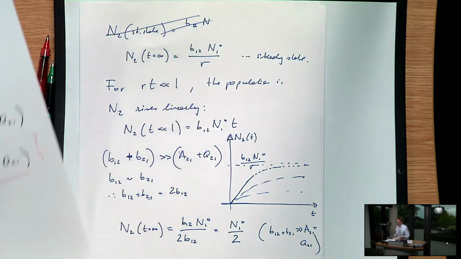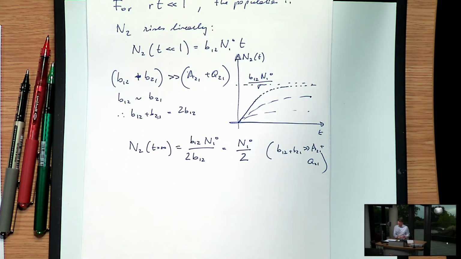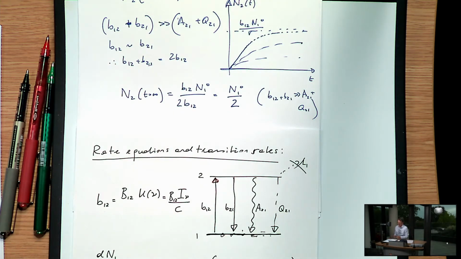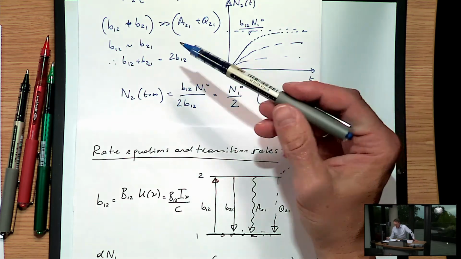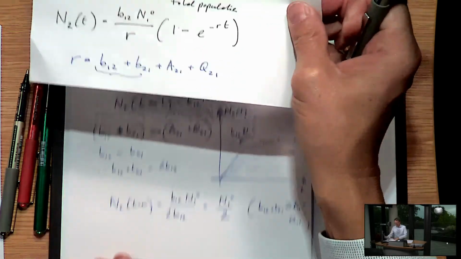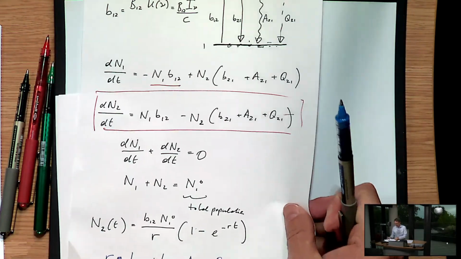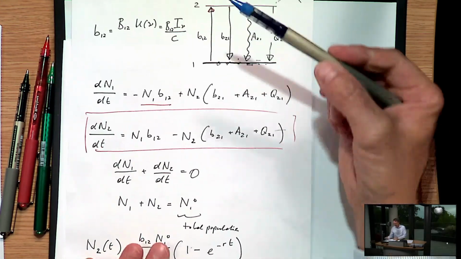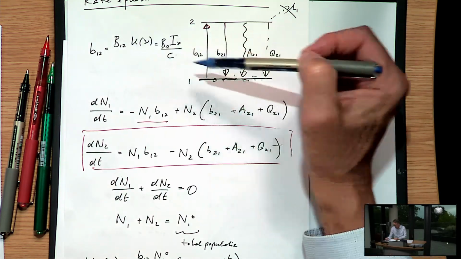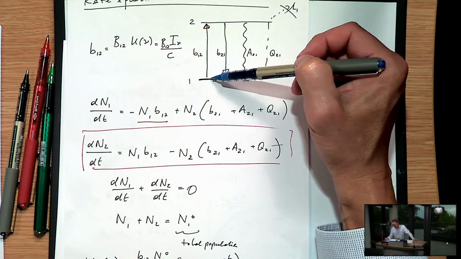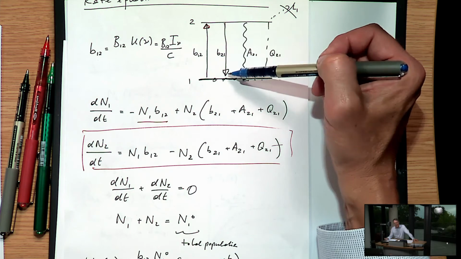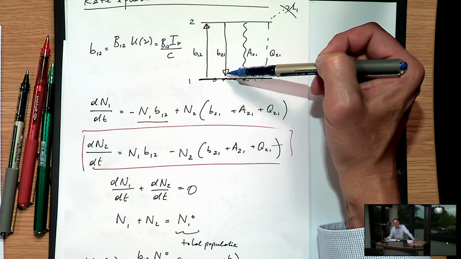And I wanted you to think about what this result means. If these two rates are very, very high, i.e. this rate and that rate, and they will be high if I put a high intensity in, then essentially I drive population up, and as soon as it's up there, I'll drive it back down again with the same light, okay?